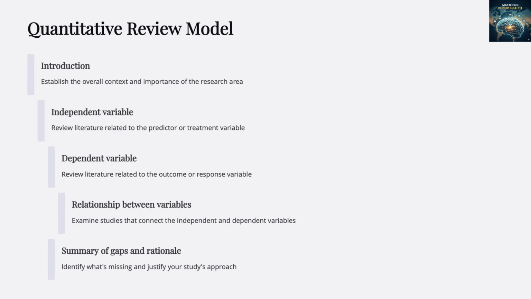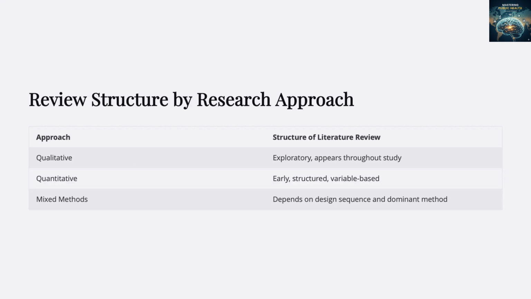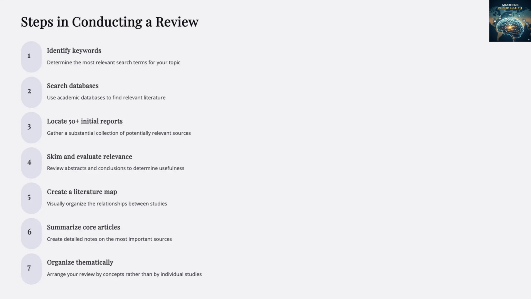Typical flow: introduction, independent variable, dependent variable, relationship summary. Mixed method studies: the structure depends on the type of design and which approach is dominant. In sequential designs, literature reviews appear in both phases. With equal emphasis, structure may lean qualitative or quantitative based on your audience.